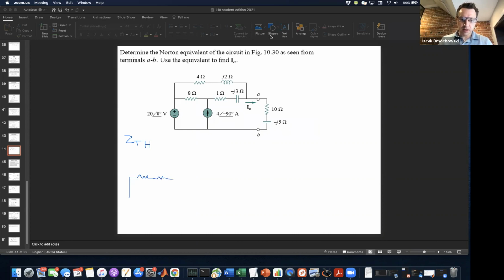Actually, let me do something here. This will be my 8 ohm resistor. This will be the combination of the 1 ohm and the minus 3j capacitor.